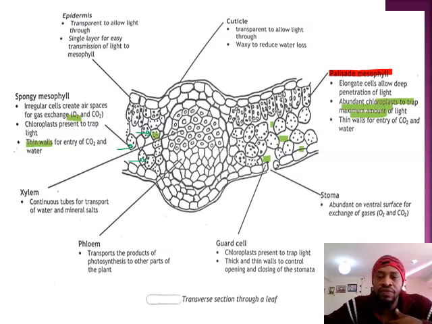And also, just like with the spongy mesophyll cells, the walls of the palisade mesophyll cells are thin, so that carbon dioxide can enter easily.